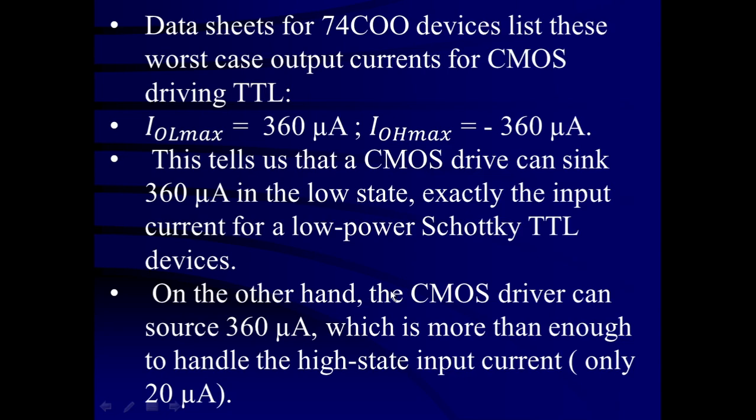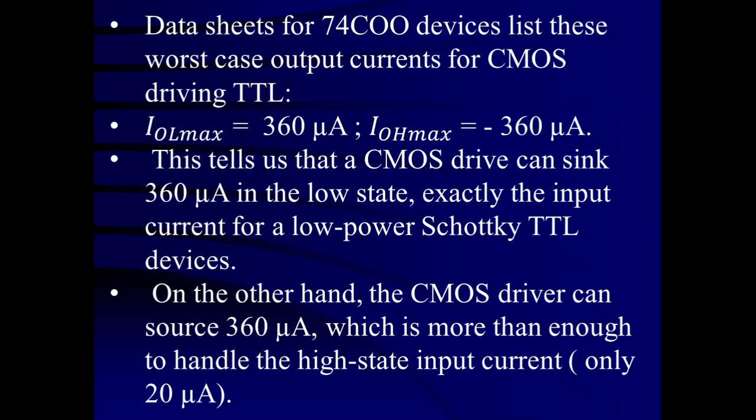On the other hand, the CMOS driver can source 360 microampere, which is more than enough to handle the high state input current, which requires only 20 microampere, IIH maximum in the worst case condition for the TTL.